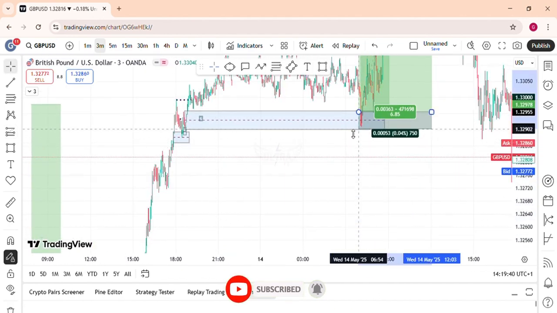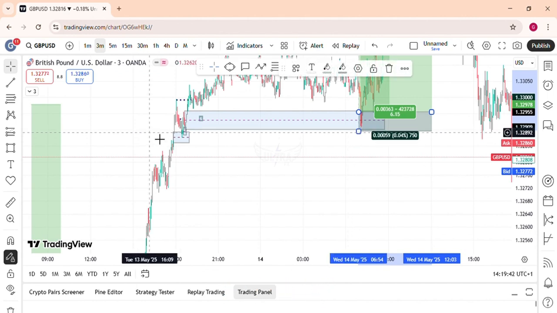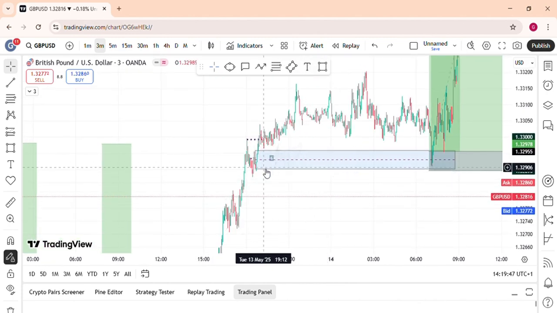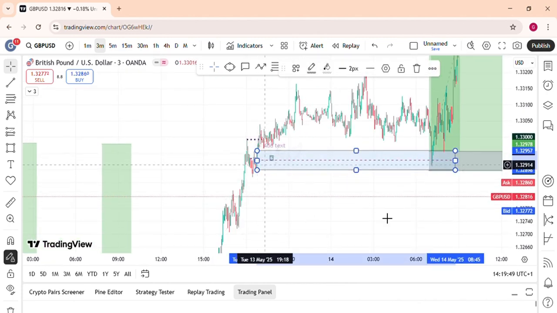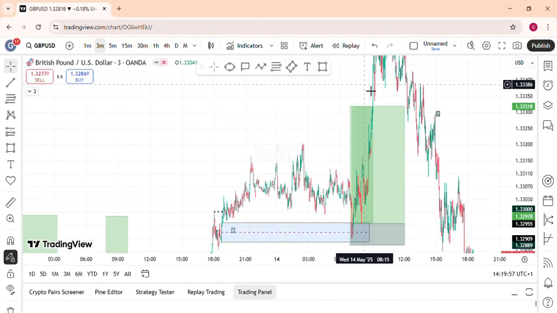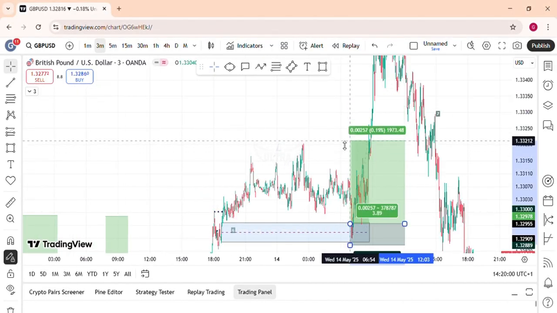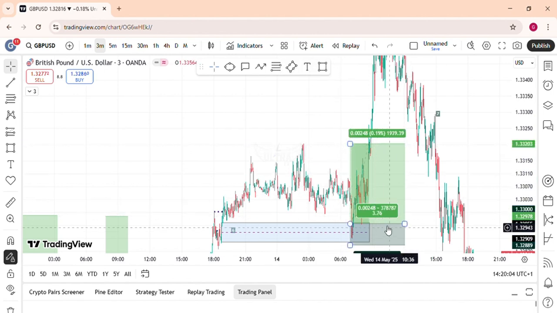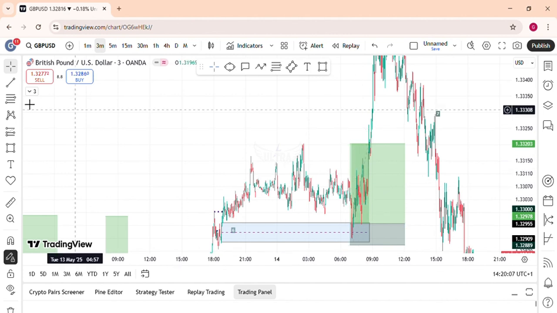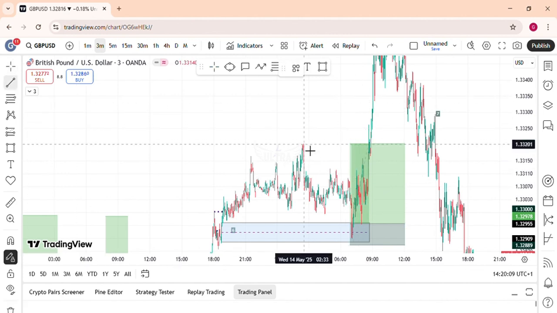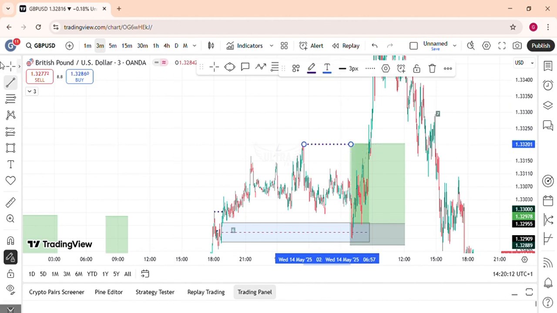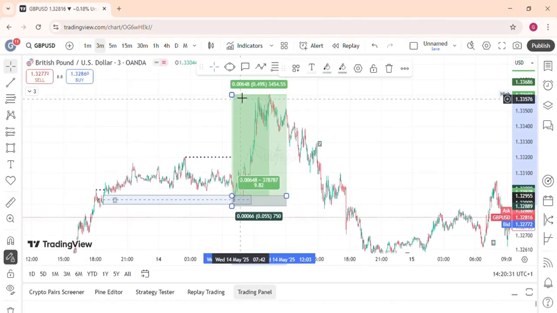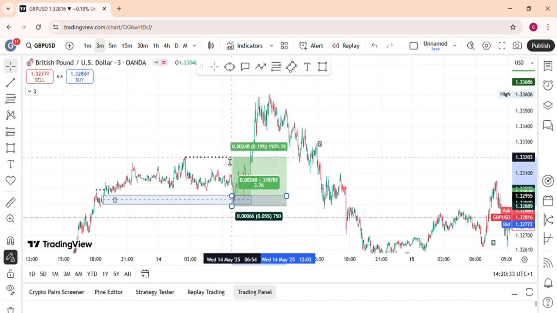Our stop loss should be at this previous low here. Our take profit should be at this high here, giving you a risk to reward of 3.76. You can see how price rallied to the upside, but you shouldn't be greedy and stick to the plan here.